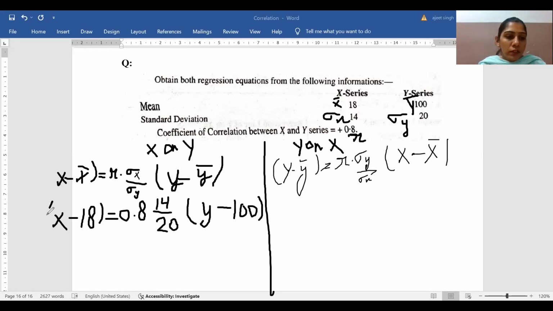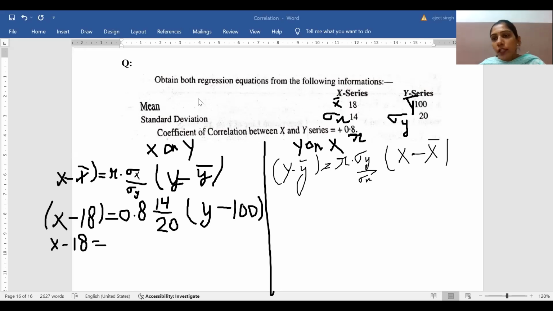Now let's solve this equation, x minus 18. First, let's divide 14 by 20.